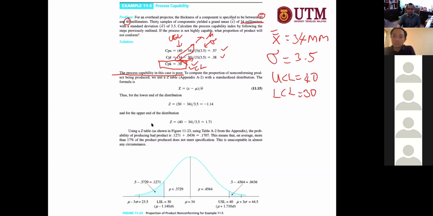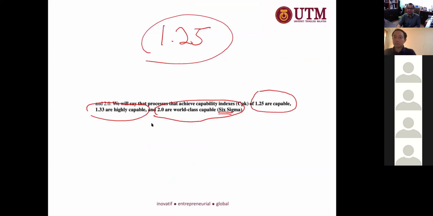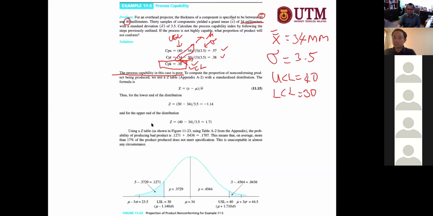Okay. This is too bad, but if you use your own data in your company, maybe you get worse than this. This is 1.38. At least we want 1.25.